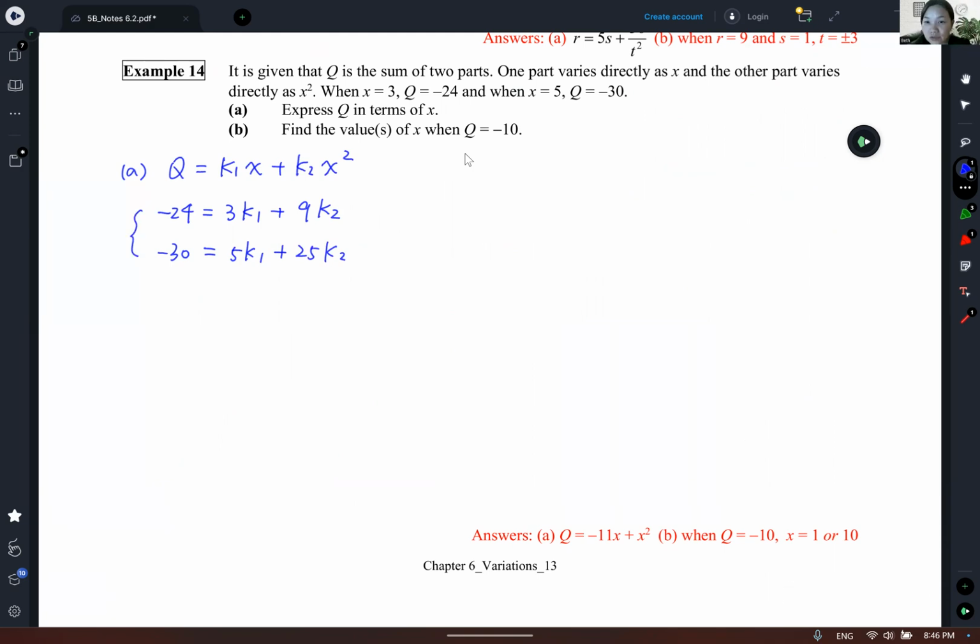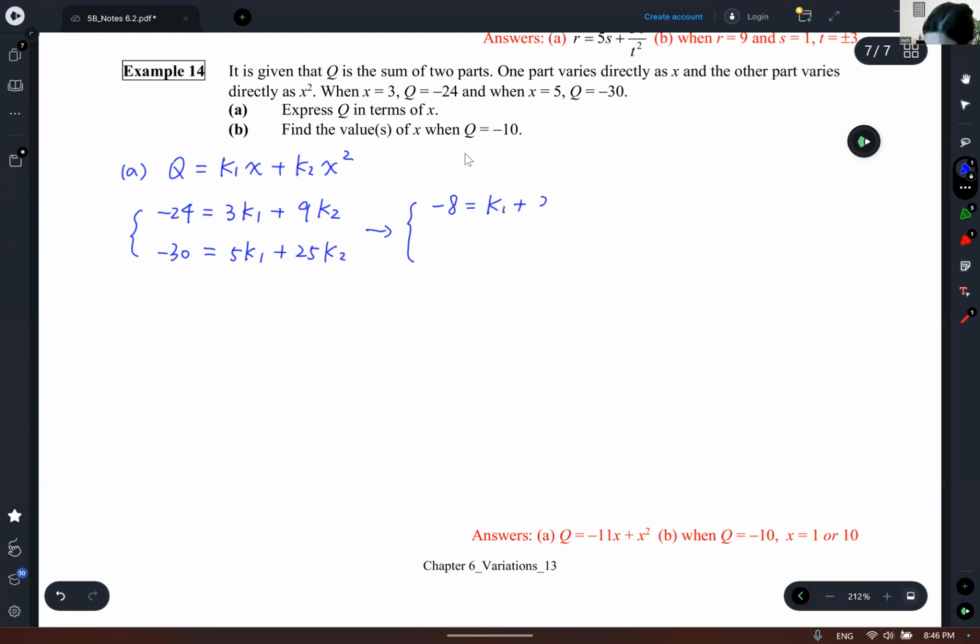Okay, now to solve this simultaneous equation correctly, instead of multiplying, I'm going to divide each equation. The first one dividing by 3, that's negative 8 equal k1 plus 3k2. The second one, I'll divide by 5. I have negative 6 equal k1 plus 5k2. And then I can easily do the elimination.